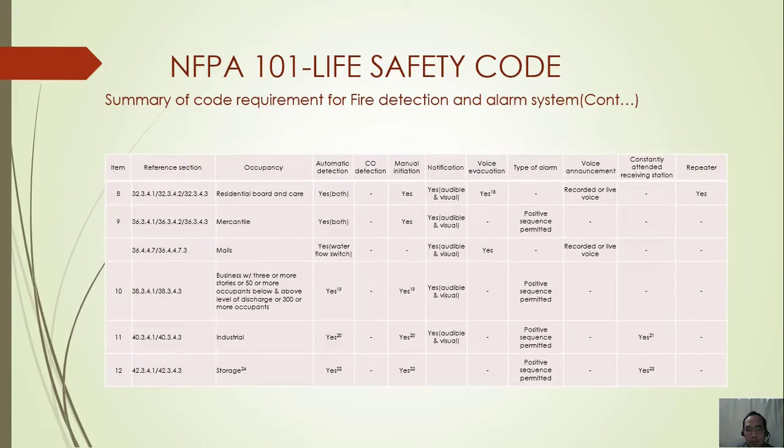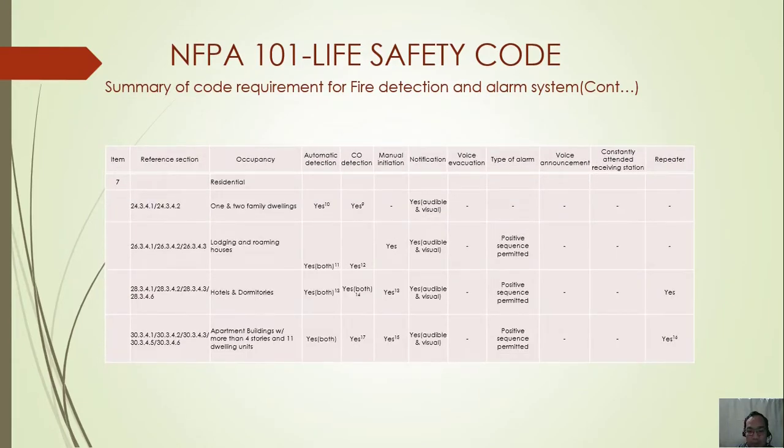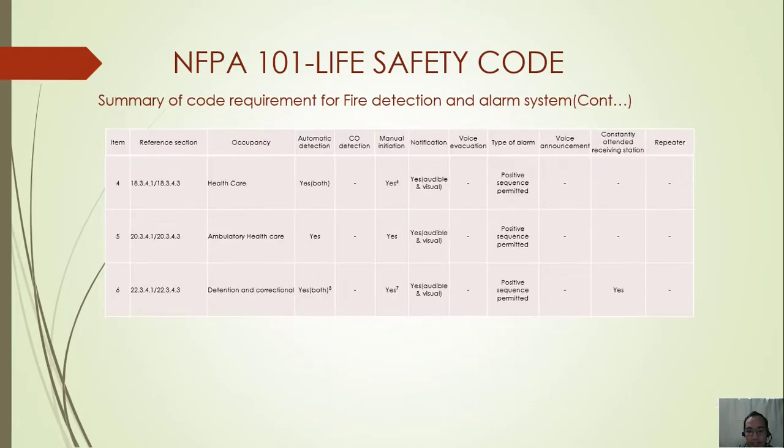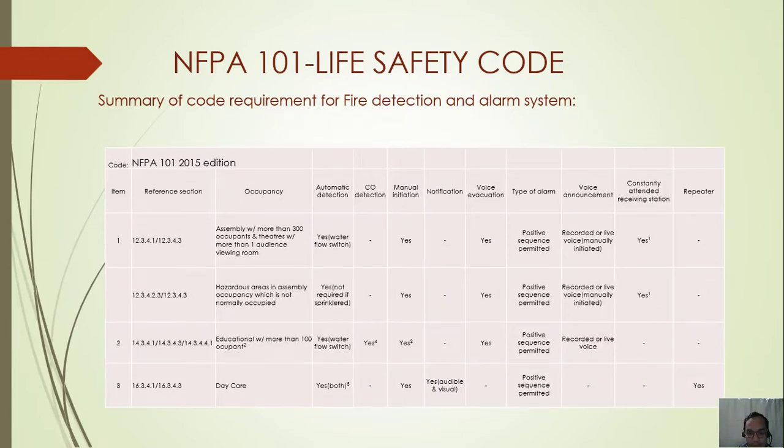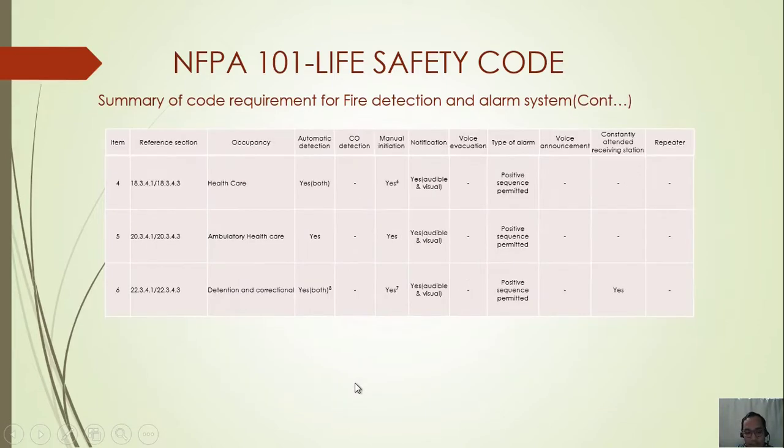Now we will go to the PIP note. What does this PIP note say? The PIP note is for daycare. It's for the requirement of automatic detection. So here it says both sprinkler and fire detection. So what is the note there in 5?